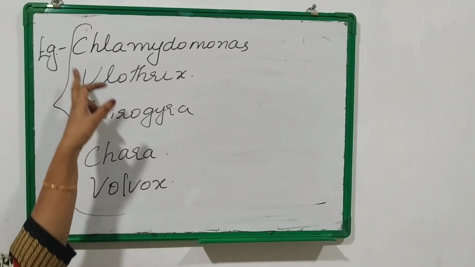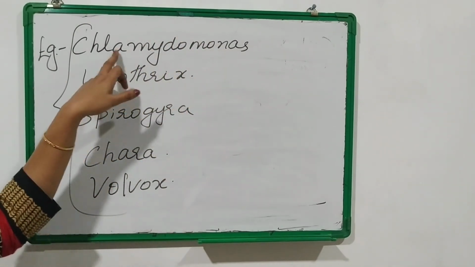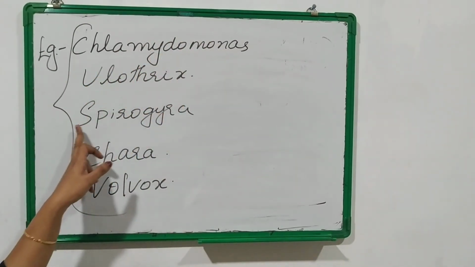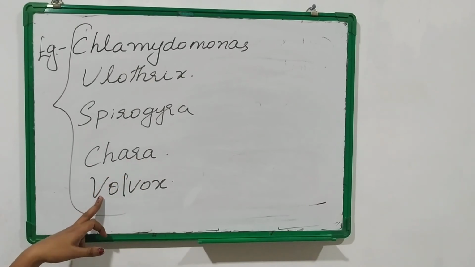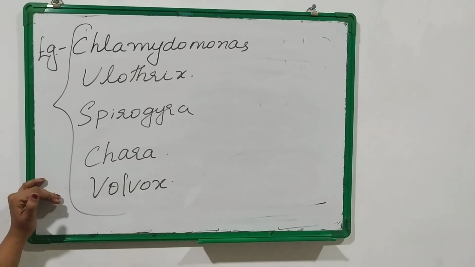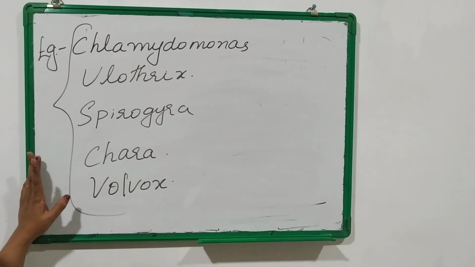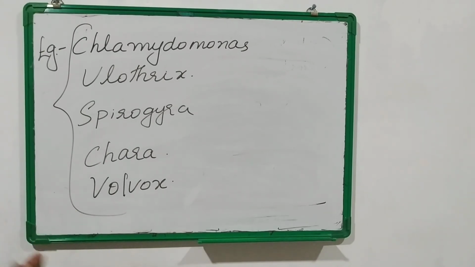Chlamydomonas we have already discussed, that is a unicellular one. These are all examples for green algae, which come under Chlorophyceae or Chlorophyta.